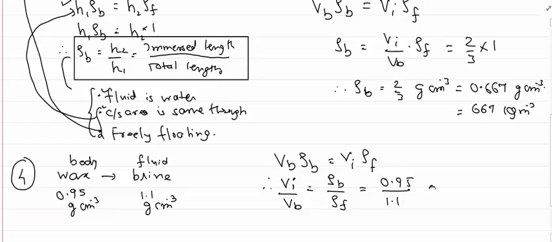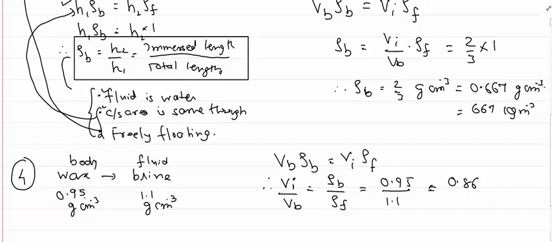So if I solve this, 0.95 divided by 1.1 will give me 0.86.